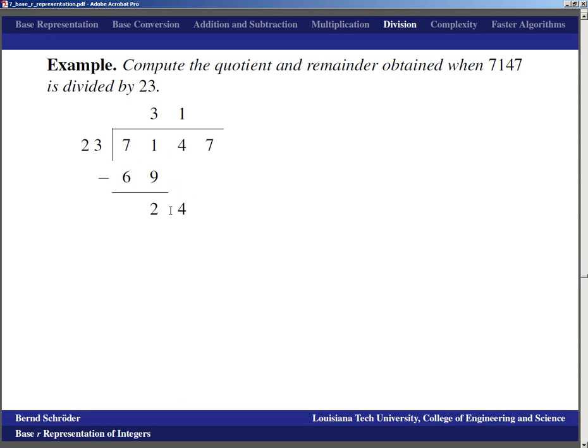We pull down just the 4, and now we realize that 1 times 23 goes into 24, and so now this is basically 1, the digit of the quotient, times the denominator times 10, which is the appropriate power of the base. We subtract, we end up with a 17. 23 doesn't go into 17, and we end up with a remainder of 17.